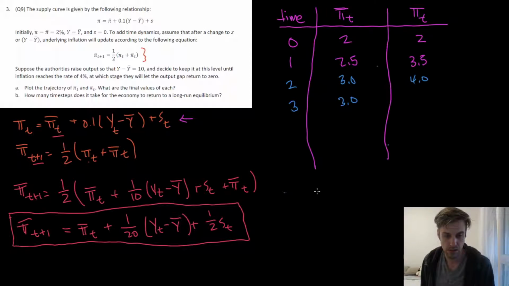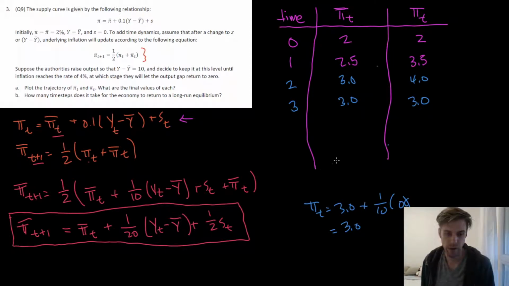And if we then update here, pi t is going to be equal to the same 3 plus 0.1 times 0. So 1/10 of 0 is 0. And so we go back to 3. And now the economy is in equilibrium.